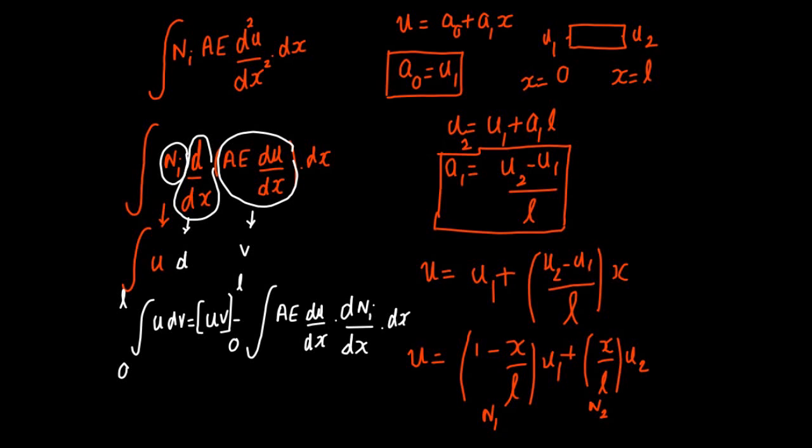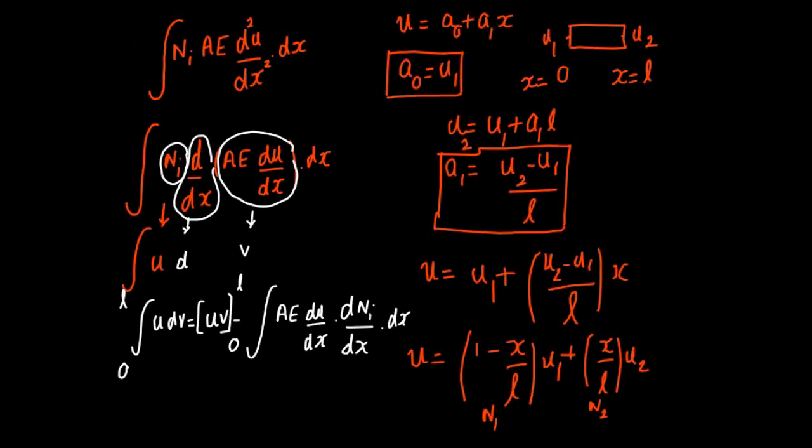In the next step, all I'm going to do is substitute Ni in place of u, and in place of v, I'm going to substitute AE into du over dx. So it is Ni, and v is AE into du over dx, over the limit 0 to L, minus the integral of v du.